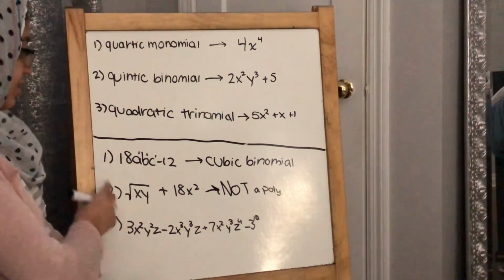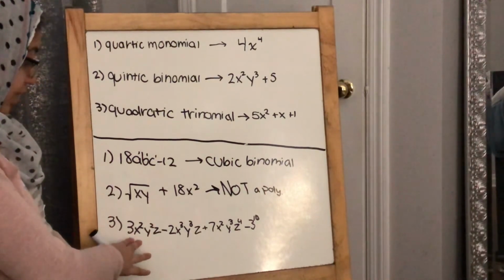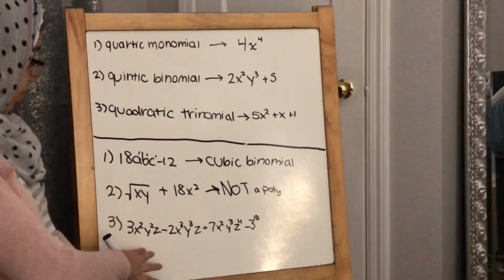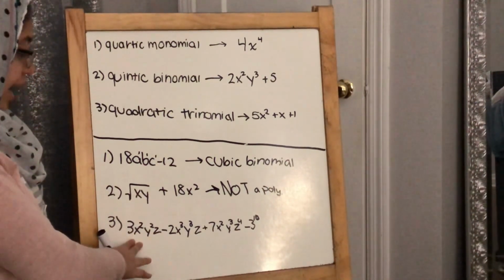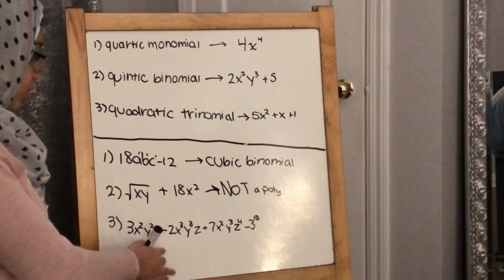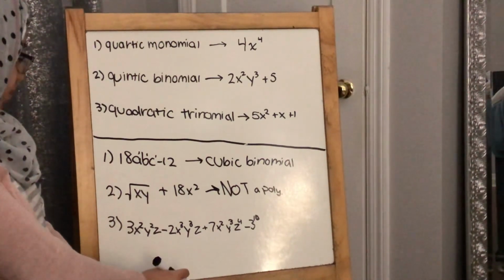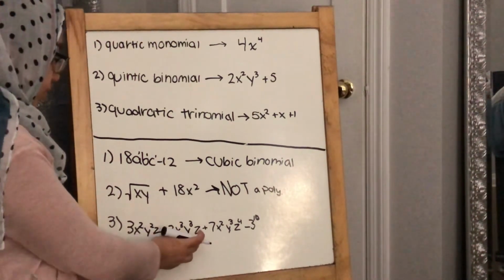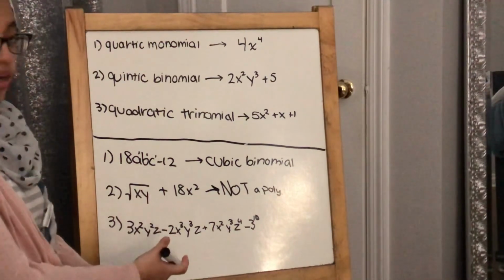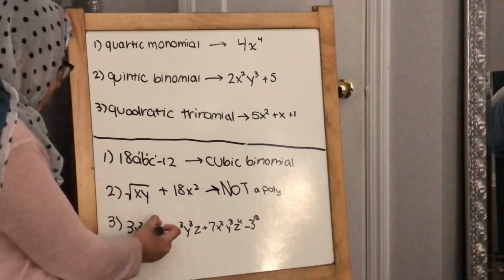Well, first of all, this is definitely a polynomial because we know that no variables are being square rooted, divided by, or having the absolute value taken. All of it involves multiplication, addition, or subtraction. So now we have to figure out which monomial has the highest number of variables, or the highest sum of exponents.